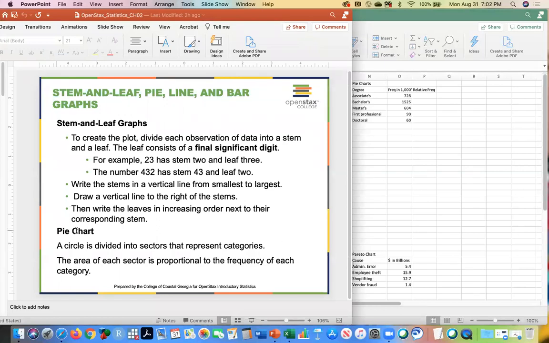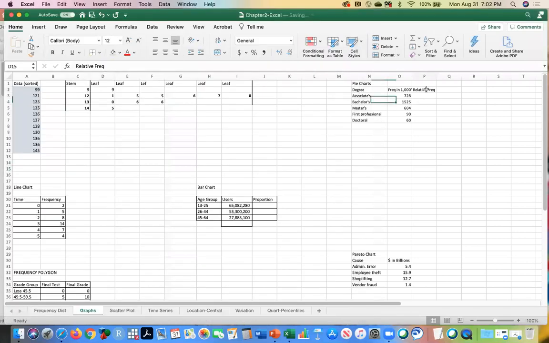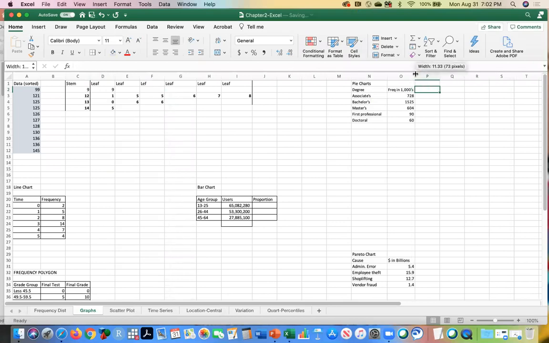So pie charts are also very useful. They are very visual. Every time you want to make a point with your boss, you are going to be able to show him or her the share of the most important items in your data set.